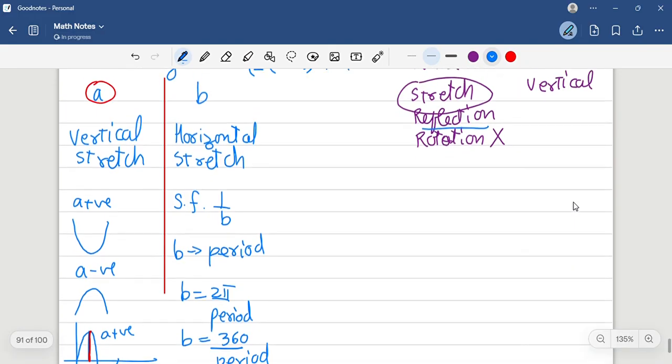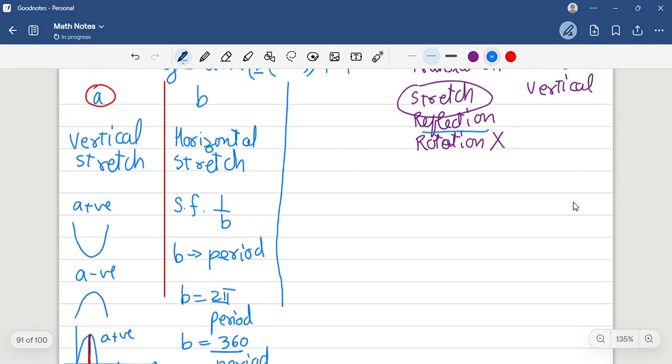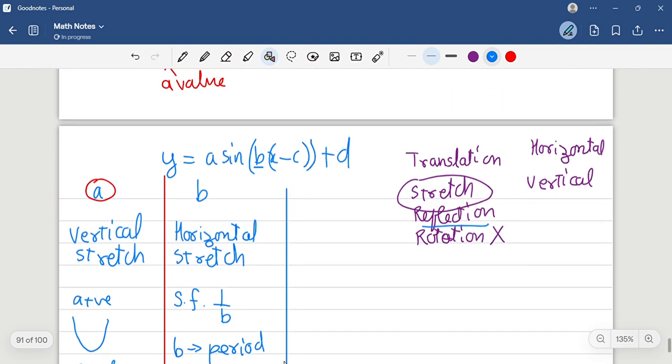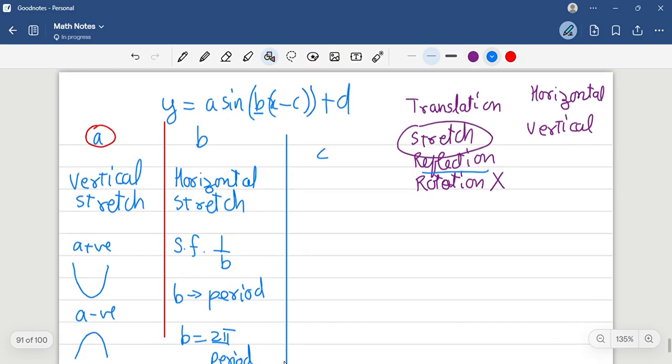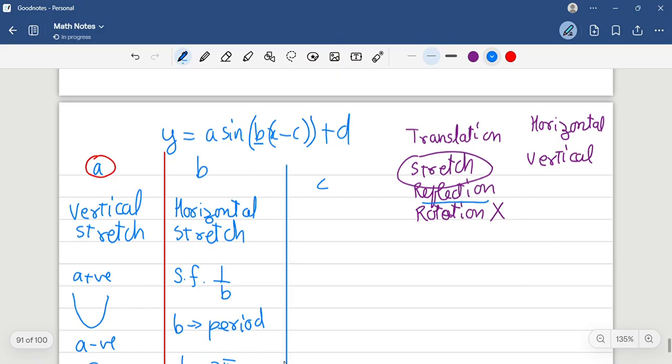Next, the component that we come across is the c value. Now, c is essentially connected with the translation, and which translation? This would be the horizontal translation.